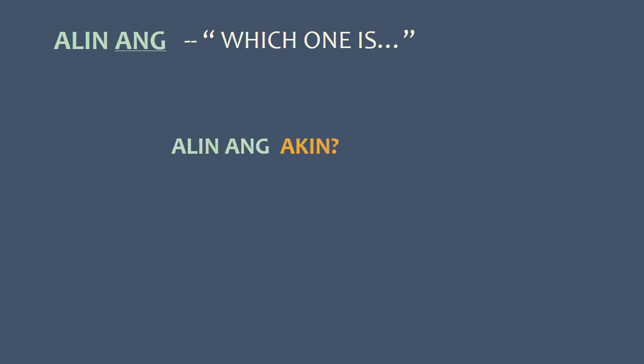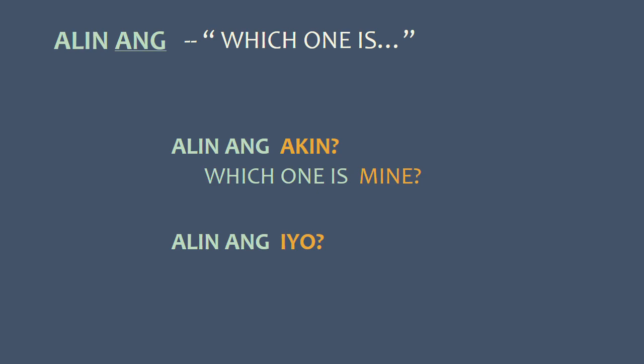Most of the time, there will be an ang after alin. So let's say in English you want to say which one is, you start the sentence with alin ang. Halimbawa, alin ang akin? Which one is mine? Alin ang iyo?